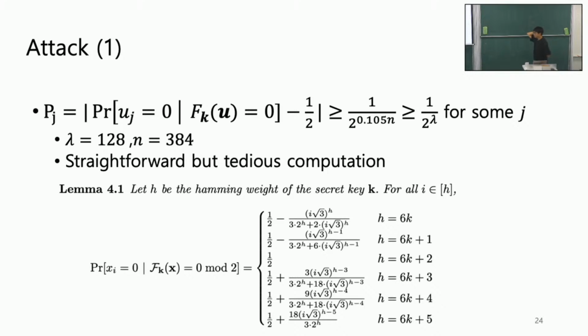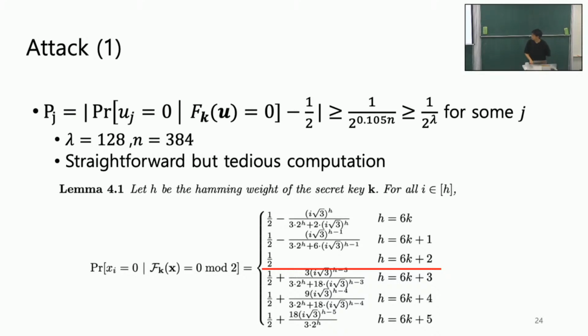The lemma shows that a conditional probability is according to h. Here h is the number of non-zero entries in a secret key. Then, as you can see, if h is 6k plus 2, then the conditional probability is exactly the same as the uniform distribution.